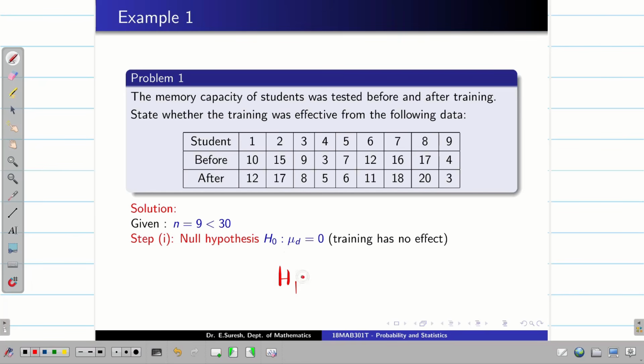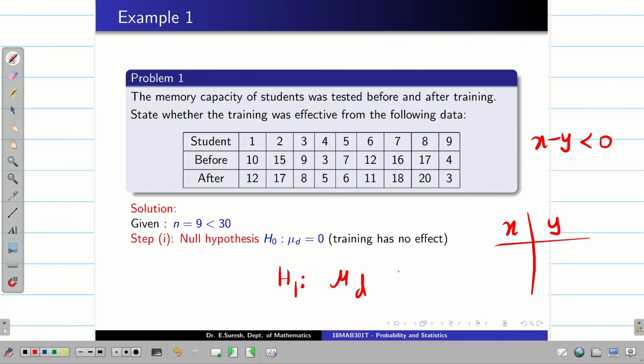Next we have to find H1. X is before training and Y is after training. So X minus Y should be less than 0 because after training there is an improvement.